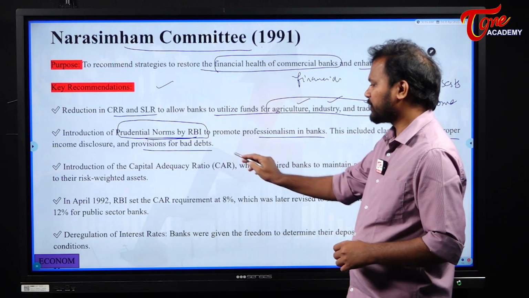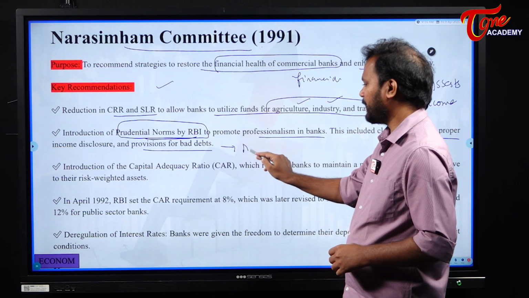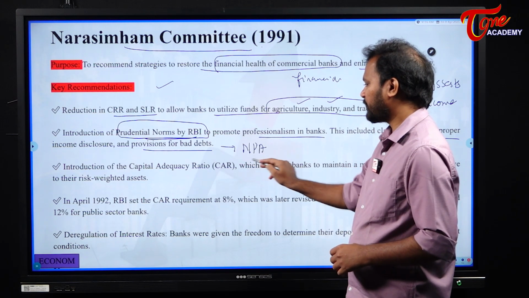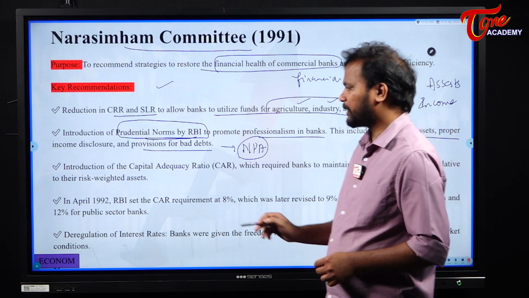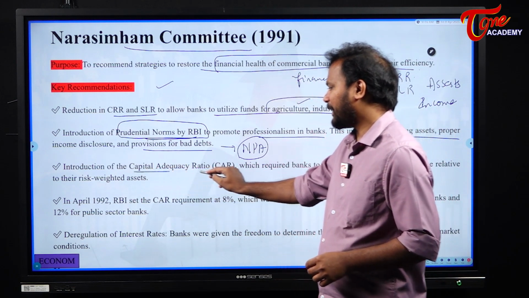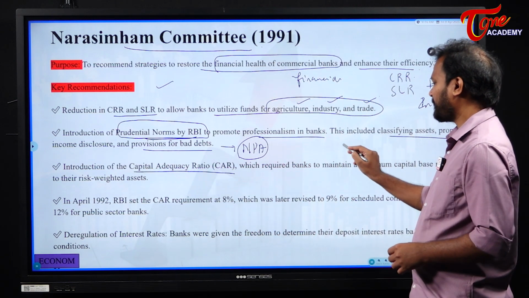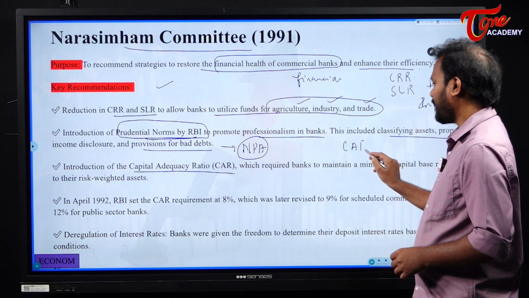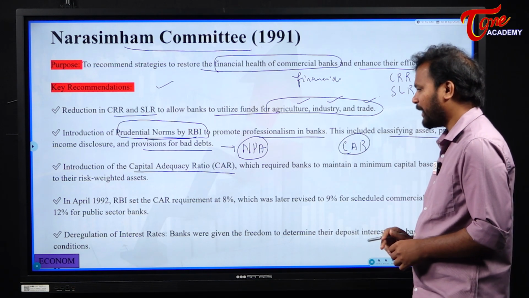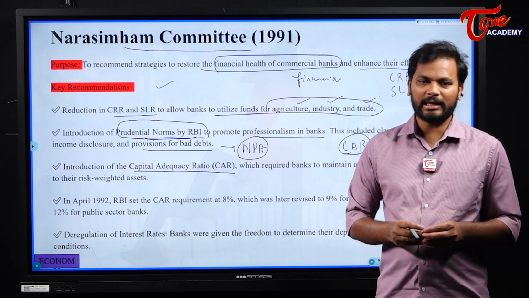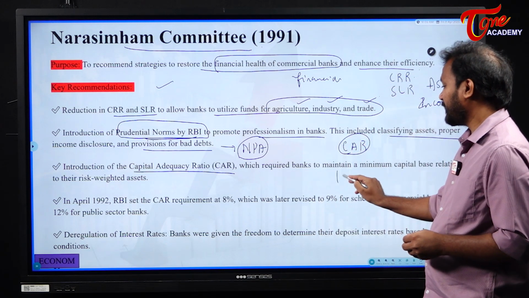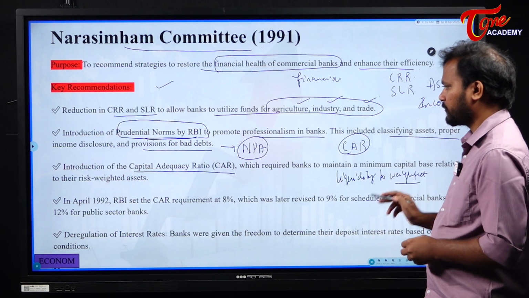Clear? Next. Also to control the NPA, the rising non-performing assets, which also needs to be regulated by the RBI. Next, the capital adequacy ratio. What is the capital adequacy ratio? It is the capital to risk-weighted assets.